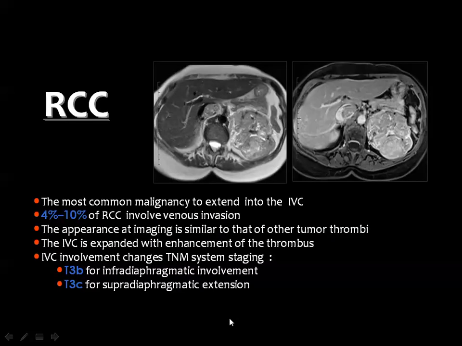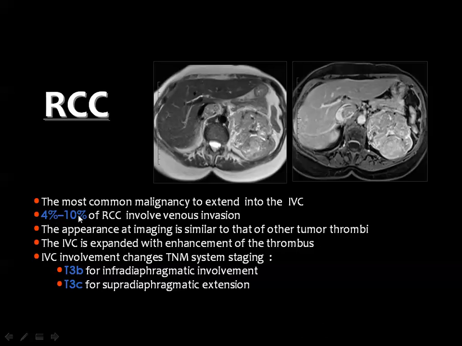Then the secondary involvement of the IVC by neoplasms of the adjacent organs is more common than the primary malignancies of the IVC. And one of the common lesions that can extend to the IVC is the renal cell carcinoma, which is the most common malignancy to involve the inferior vena cava.